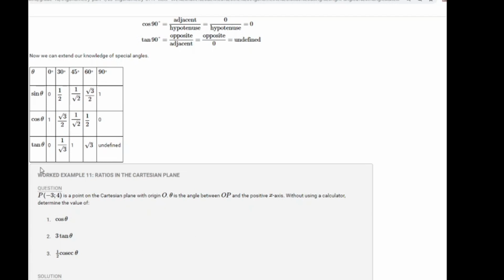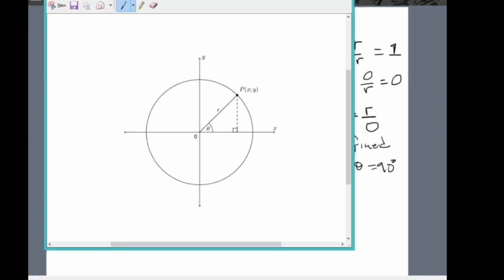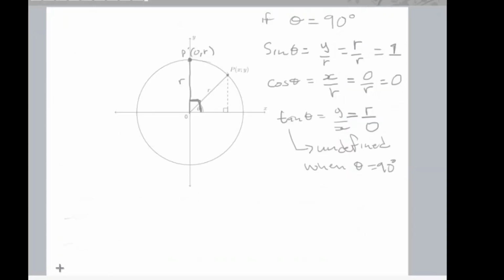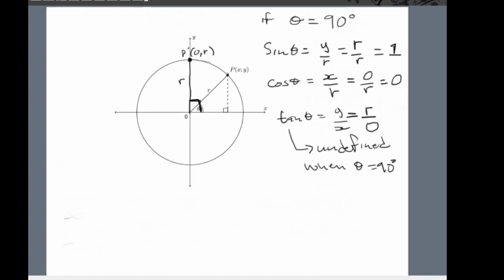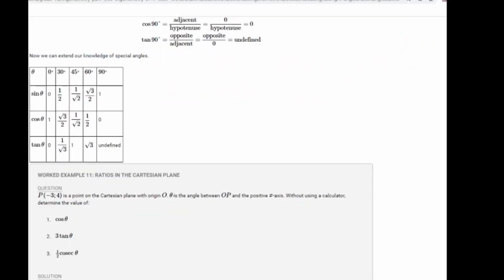Let me copy the challenge question and post it here.